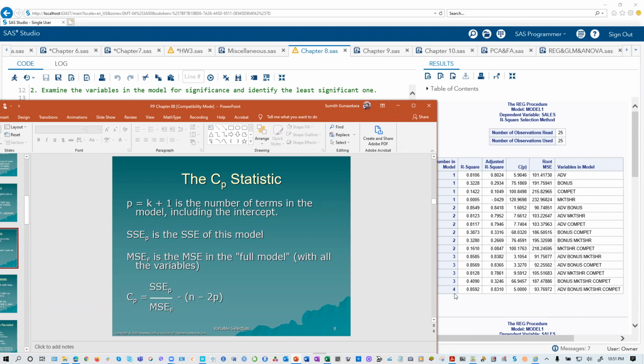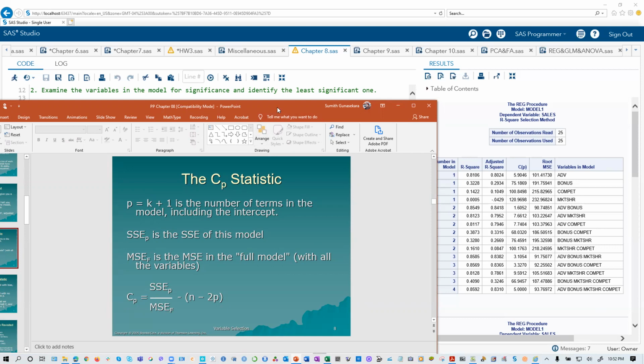You can run this one too, get the ANOVA table, and get the mean squared error. Take that ratio and subtract n minus p, where p is the number of variables in that particular partial model, not the full model. In the model with advertising and competition, how many parameters are estimated? B naught, B1, B2.